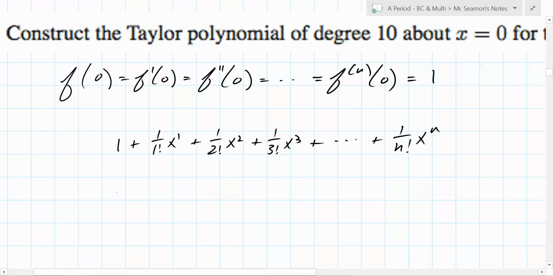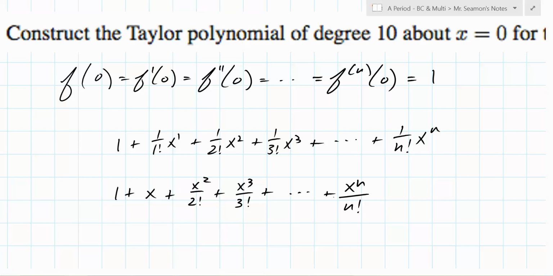No. Usually you see it written as what? 1 plus x over 2 factorial plus x cubed over 3 factorial plus all the way up to x to the n over n factorial. Is that about as nice as it gets with regard to Taylor polynomials? Yeah, it really doesn't get nicer than that.